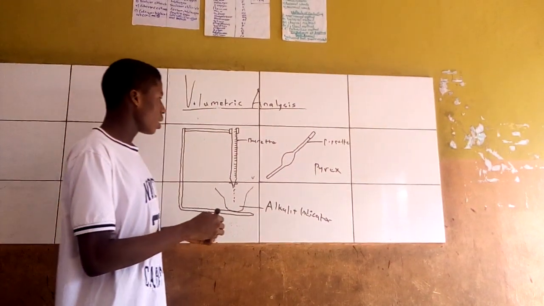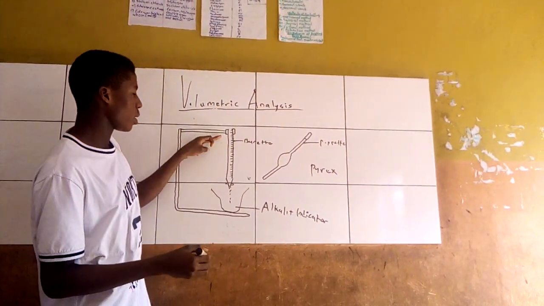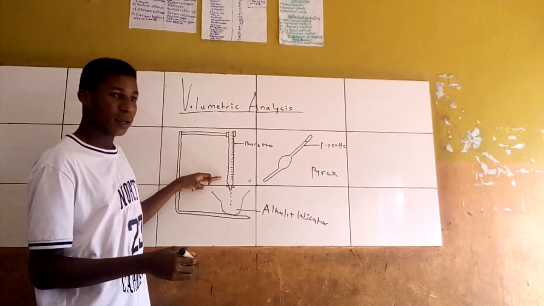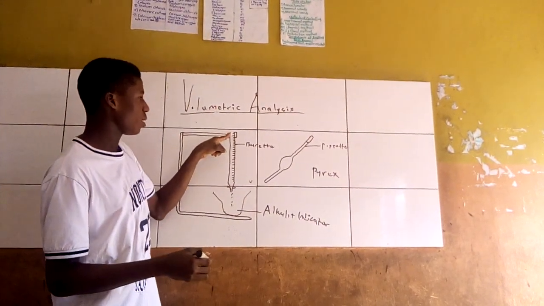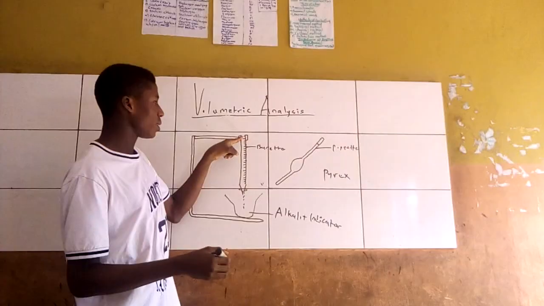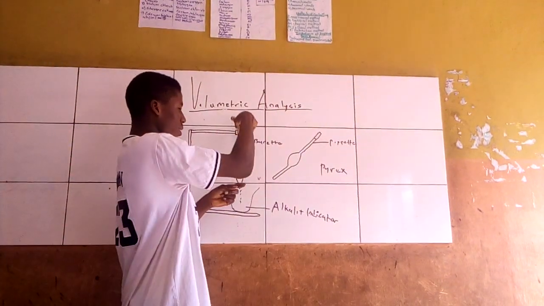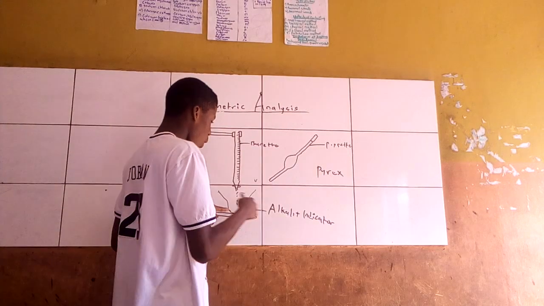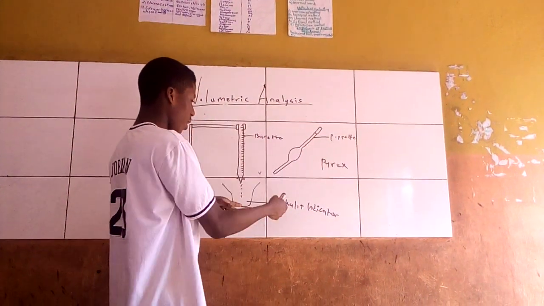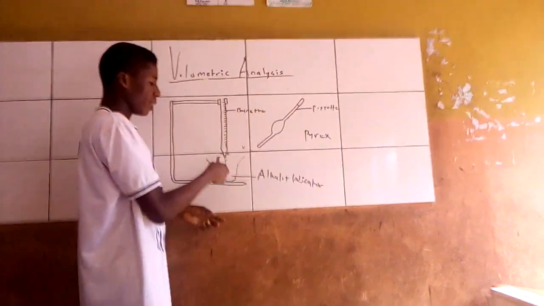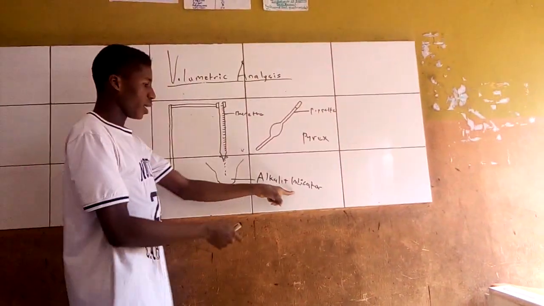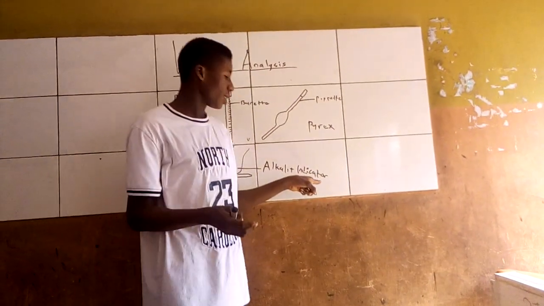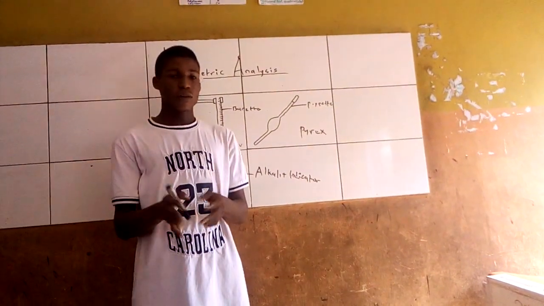This burette is usually measured from the 0.00 mark to the 50 mark. Meaning that you fill the burette with the acid to the 0.00 mark, then you start to release it. You pipette your alkali, which is your soluble base, into this conical flask. Then you add an indicator. An indicator is any substance that changes color according to the pH of the medium.